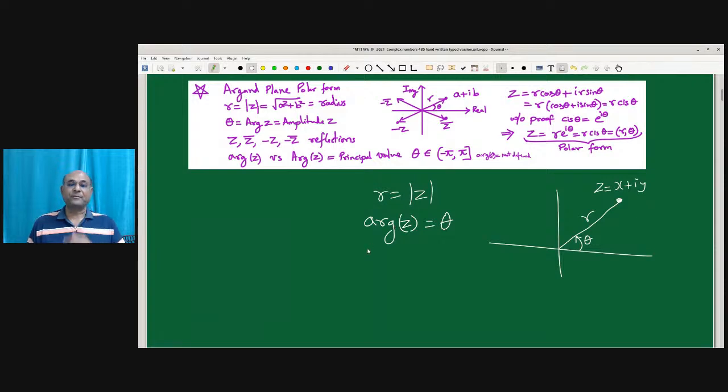Now, if theta lies between, you can go this way. If you go this way, it is a negative angle. If you go this way, anti-clockwise, it's a positive angle. So if theta lies between pi and minus pi, and pi is included. If you are talking about negative real numbers, then this angle is pi.